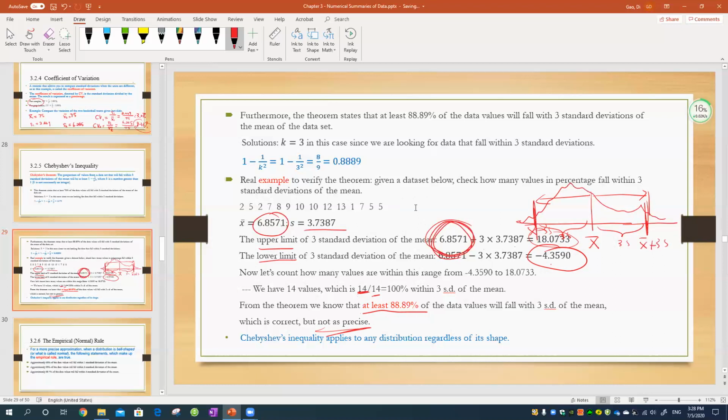One thing again to mention here is Chebyshev's inequality applies to any distribution regardless of its shape. So we can have left skewed, right skewed, or symmetric distribution.